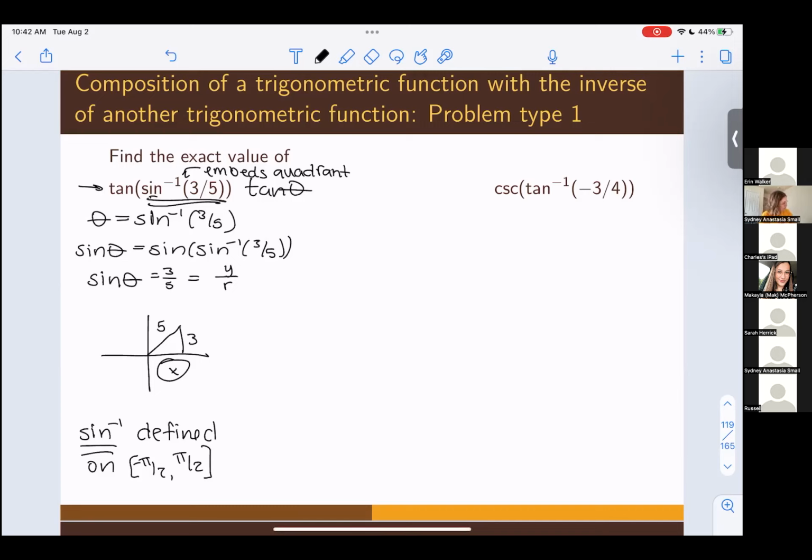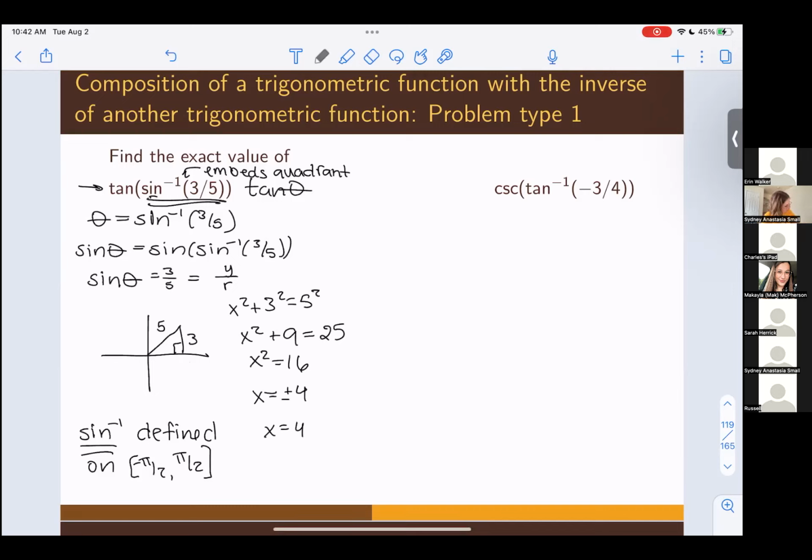It's a right triangle, so we get to use the Pythagorean theorem. x squared plus 3 squared equals 5 squared. x squared plus 9 is equal to 25. So x squared is equal to 16, which means x is equal to plus or minus 4. However, our x value is on the positive x-axis, so x is just equal to positive 4.